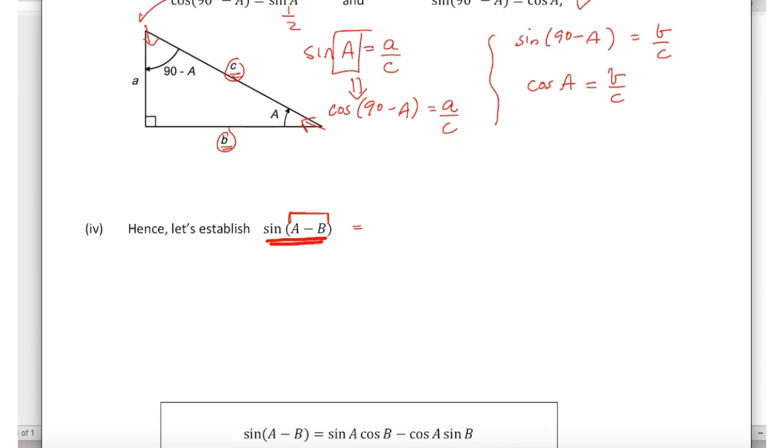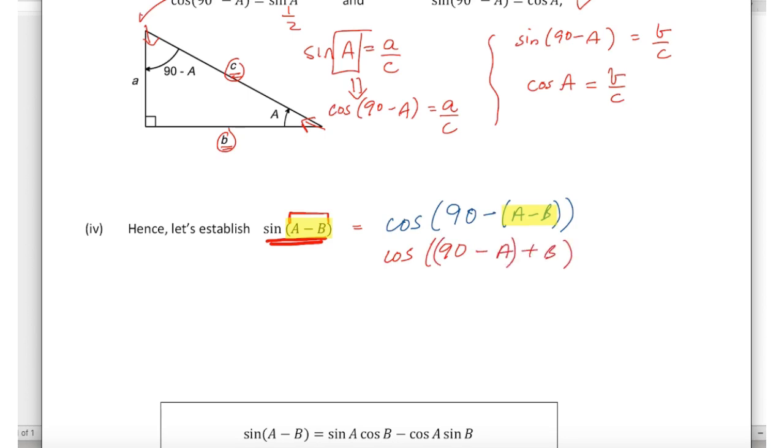So here we have A take B. So this is equal to cos of 90 take that angle A take B. So let's just get rid of that bracket. We'd have 90 take A plus B.